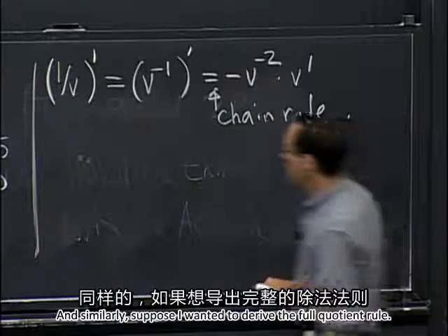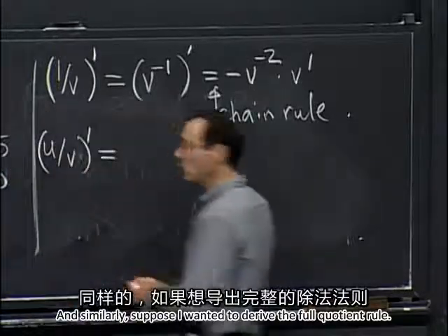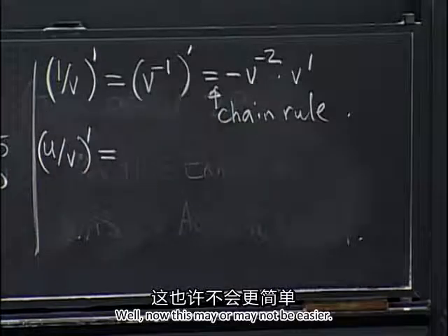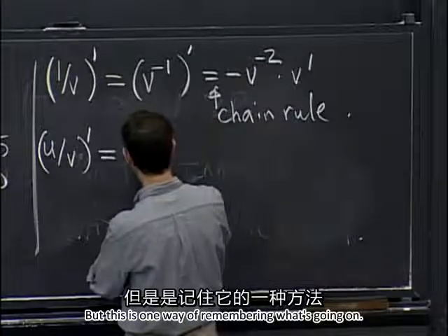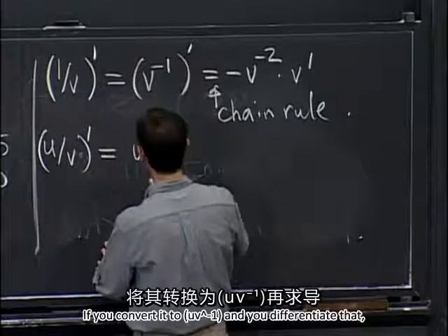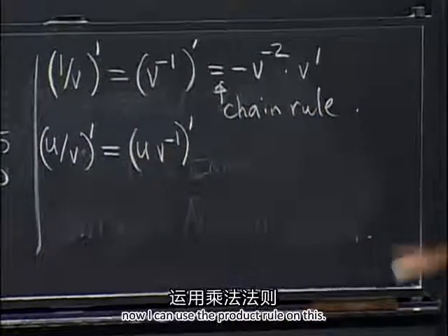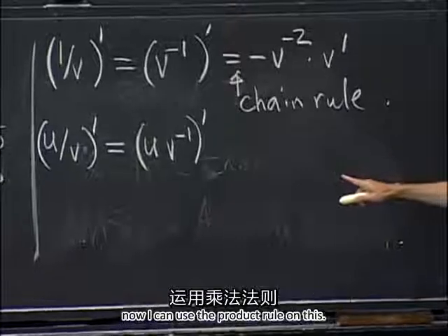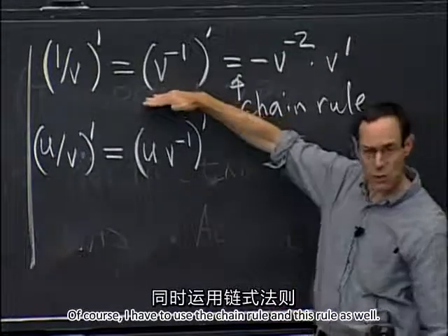And similarly, suppose I wanted to derive the full quotient rule. Well, now this may or may not be easier, but this is one way of remembering what's going on. If you convert it to u times v to the minus 1, and you differentiate that, now I can use the product rule on this. Of course, I have to use the chain rule and this rule as well.